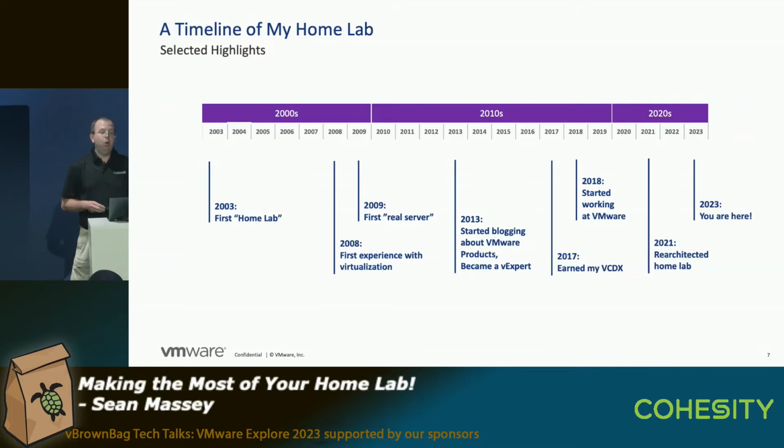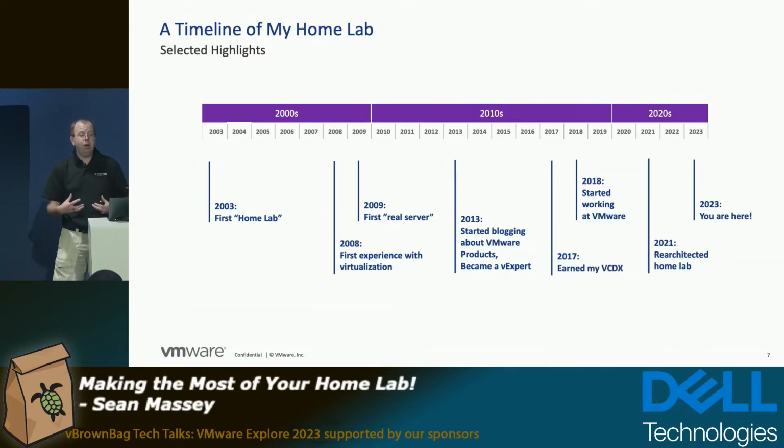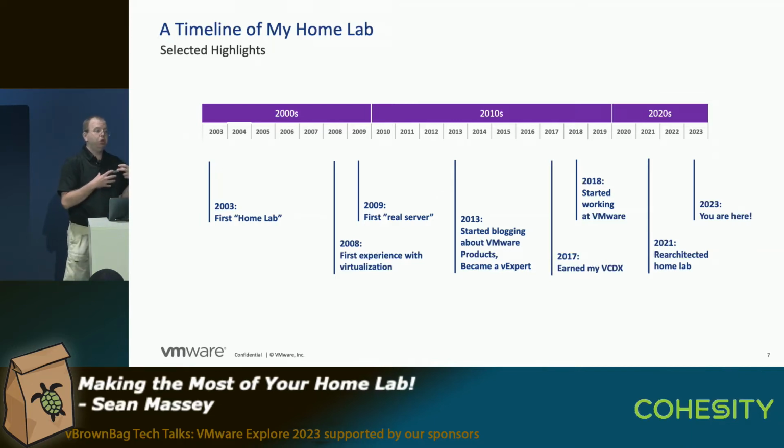It helped with my blog, providing me with the environment that I would use to develop and write my content. It helped with my VCDX and testing out my design, and even helped land specific jobs and helped with my job as I've gone forward by giving me a place to test out new things and develop my skills.